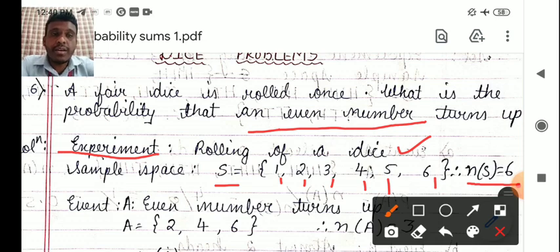So these are the possible outcomes and hence it is the sample space. We are not going to get any other outcome, so it contains all the possible outcomes of the experiment. So what is n of S? That is the number of items in the sample space. If we count, we get 6 items in the sample space.